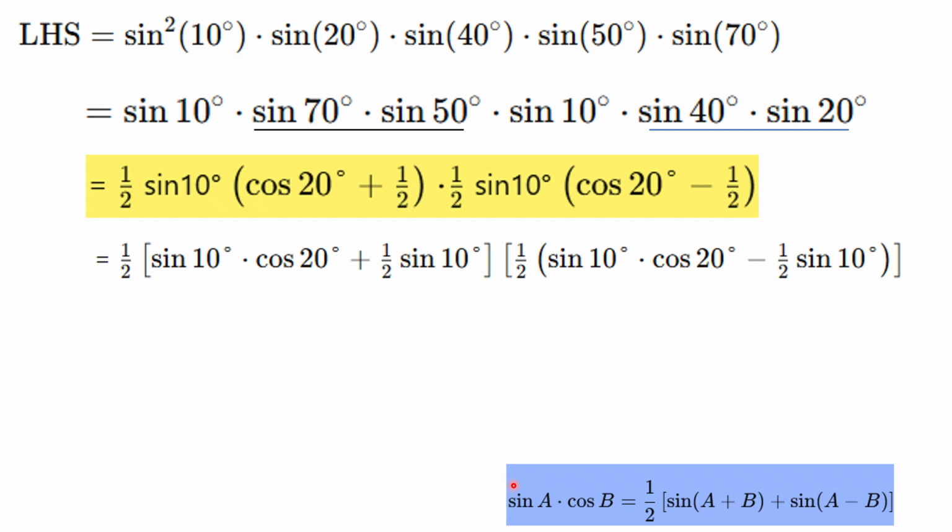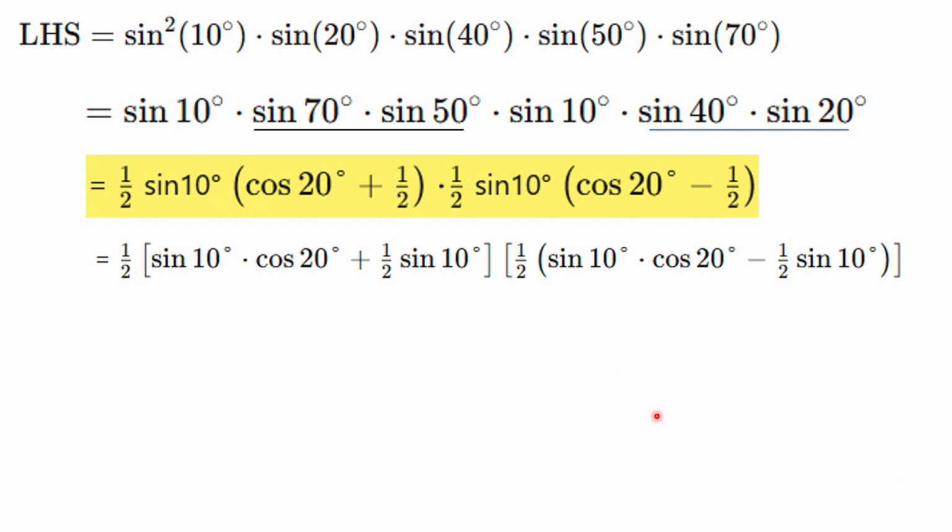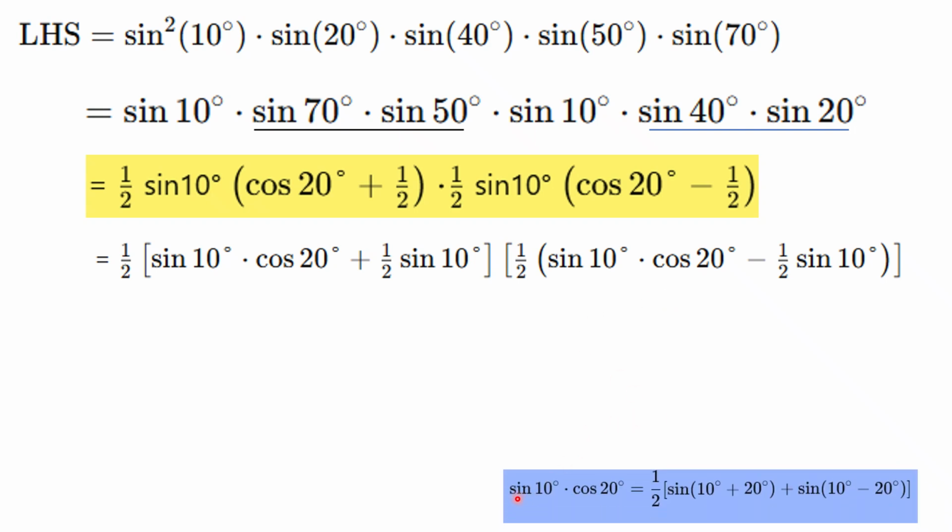Now let us use the identity sin A cos B is equal to 1 by 2 into sin of A plus B plus sin of A minus B. You can compare here. A is equal to 10 degrees and B is equal to 20 degrees. In the second term also we have sin 10 into cos 20. The same formula is applicable here also. Therefore, sin 10 into cos 20 becomes 1 by 2 into sin of 10 plus 20 plus sin of 10 minus 20.